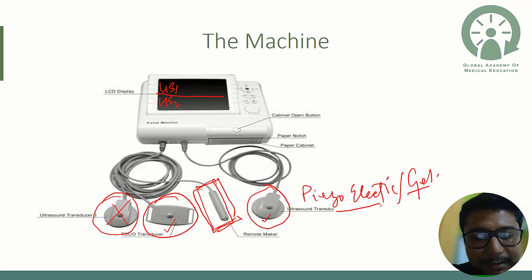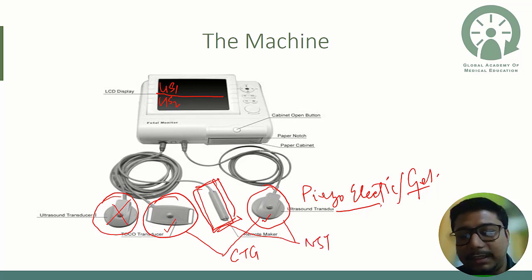We'll discuss this later. For CTG, we need to put these 2, the toco and the fetal heart. Whereas when it comes to doing an NST, we need to put these 2, the cardiac probe and the maternal movement sensor. So these two for NST, these 2 for CTG. Like that you can remember.